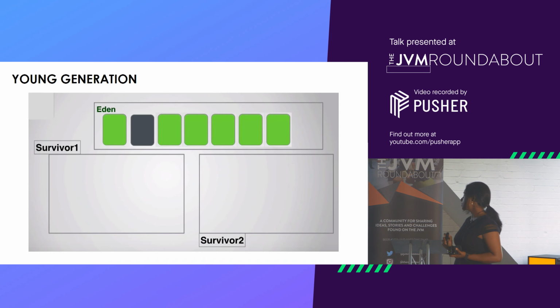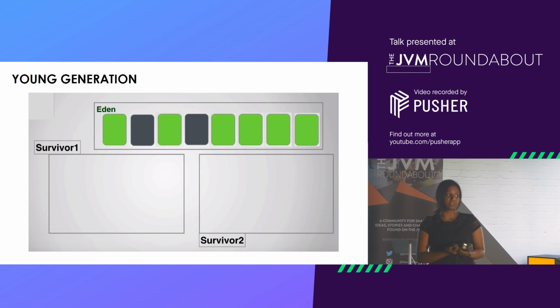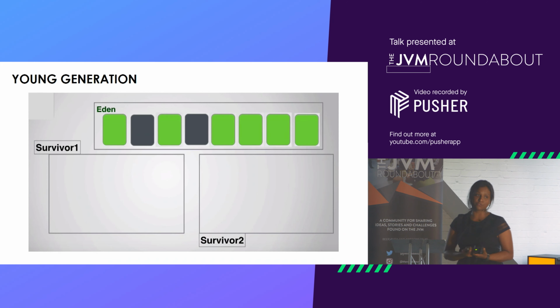While your application is running, one or more objects will become unreachable, right? I've represented that in gray. Now you can see the Eden space is full. Now a new object gets created, but the allocation will fail because the Eden space is full.